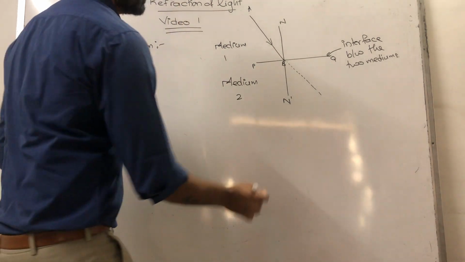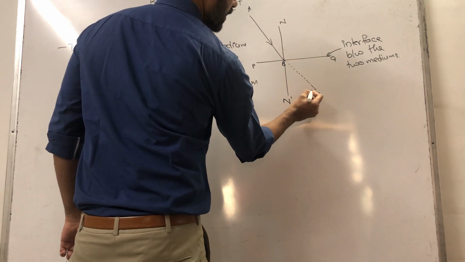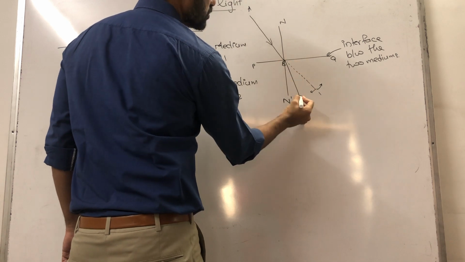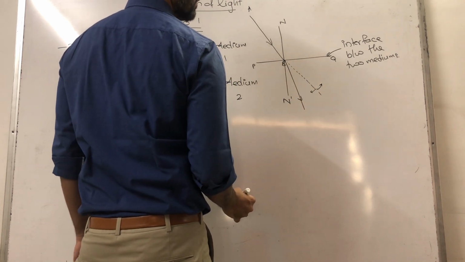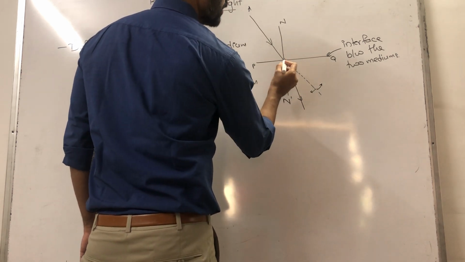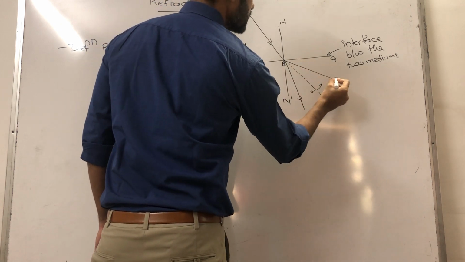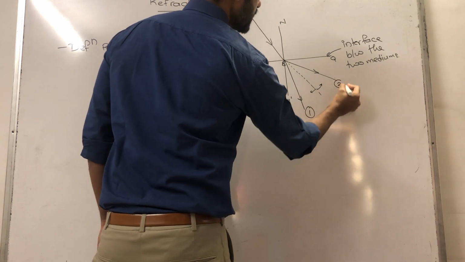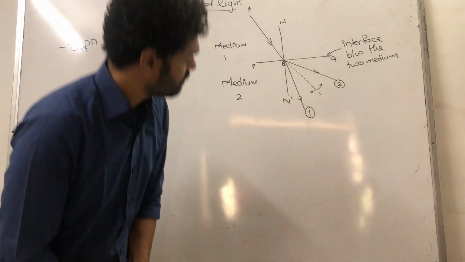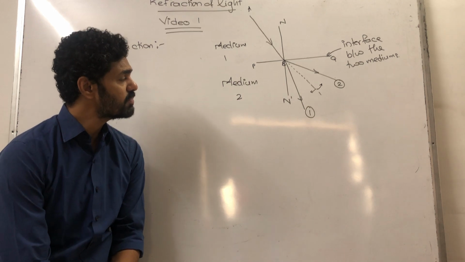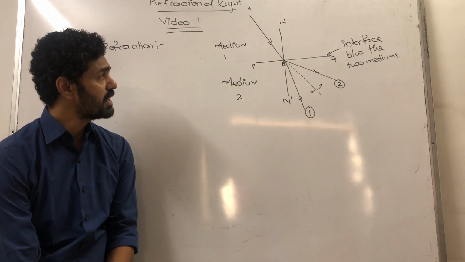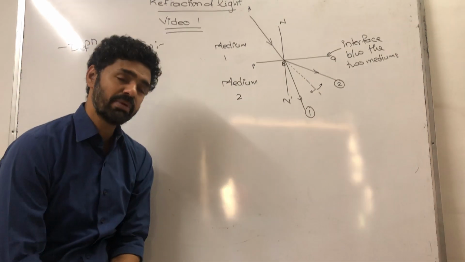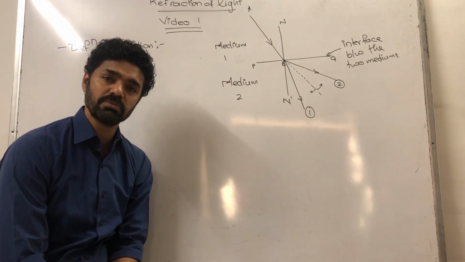Now this very light ray could bend in this direction or it could bend in this direction. If it bends in this direction, this is how it would go, and if it bends on the other side, this is how it would go. This is case 1 and this is case 2. In case 1, the incident ray bends towards the normal, and in case 2 it bends away from the normal.